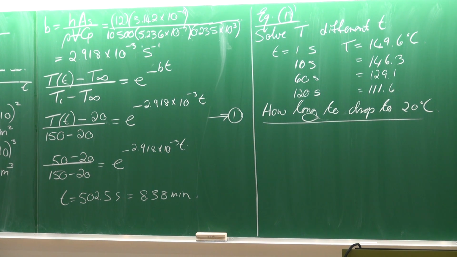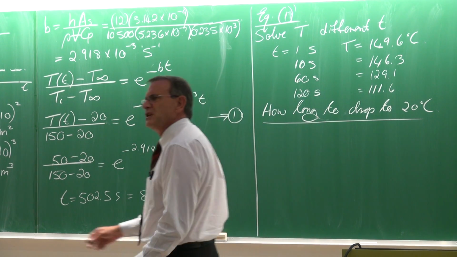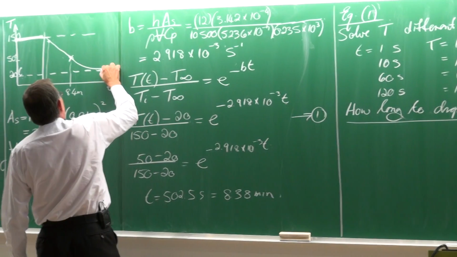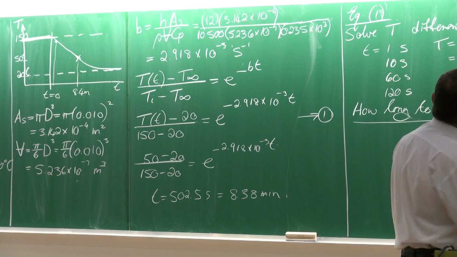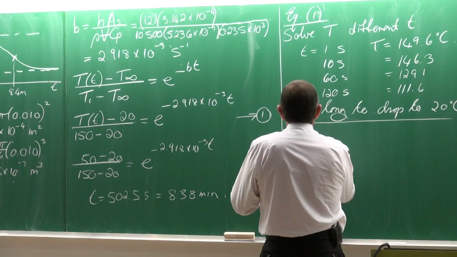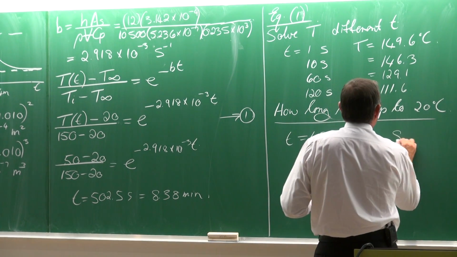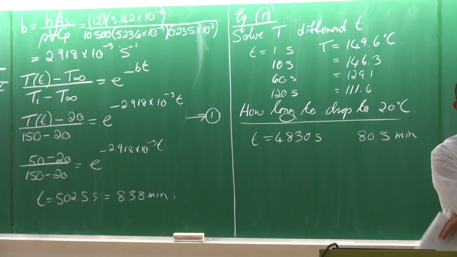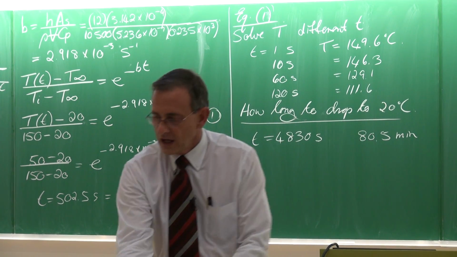Theoretically it should never get there, because this line would never reach that line. But with a computer with 64 digits there is a limit, and my calculation showed it would be 4,830 seconds, which is 80.5 minutes. So after about 80 to 81 minutes, the temperature of that sphere would be 20 degrees Celsius. Any questions?